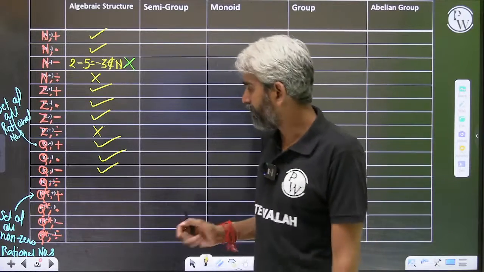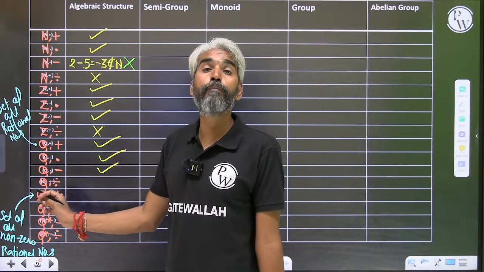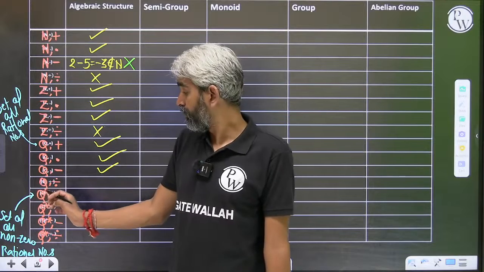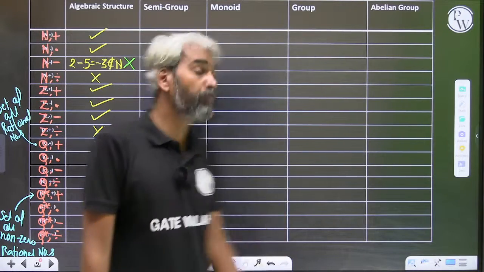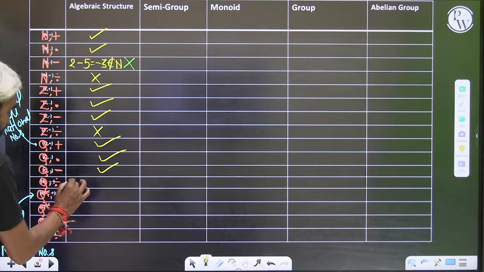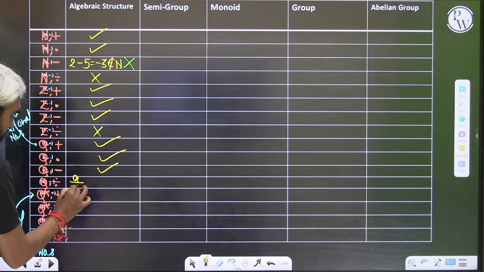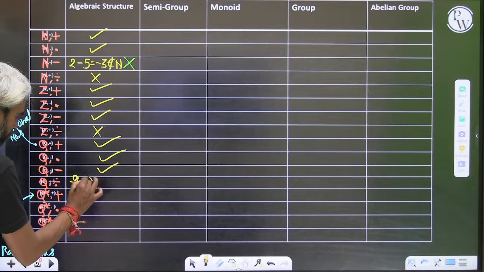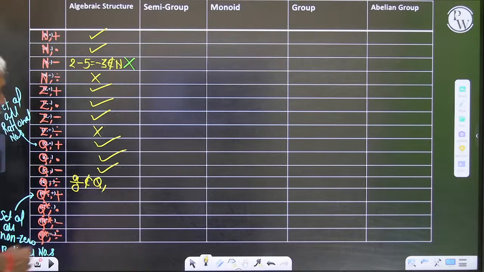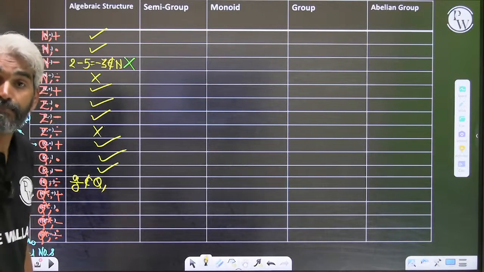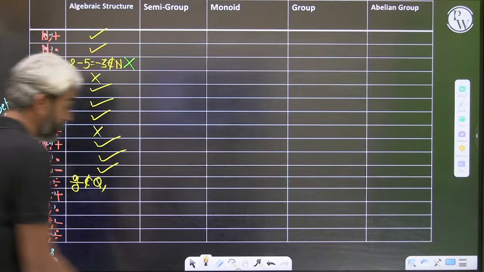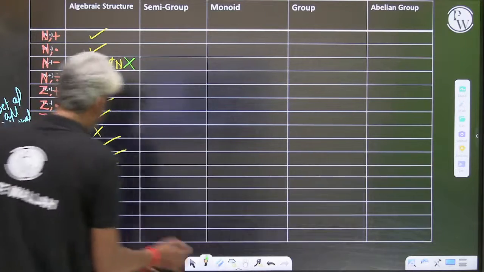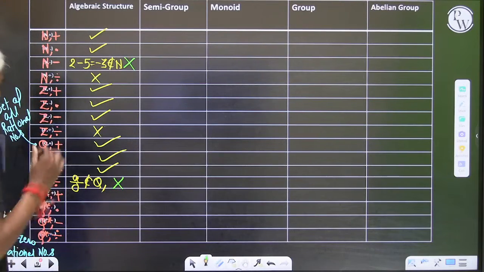The important thing is that 0 also belongs to the set of all rational numbers. So if I divide a rational number a by 0, it does not belong to the set of all rational numbers because it is not defined. So because of the 0, this set of all rational numbers is not closed with respect to division. I hope you understand.